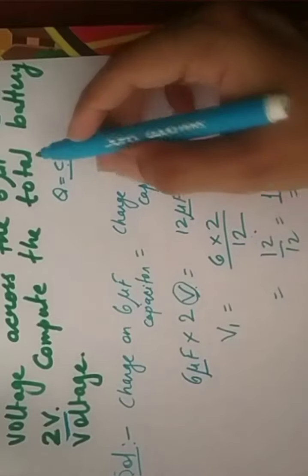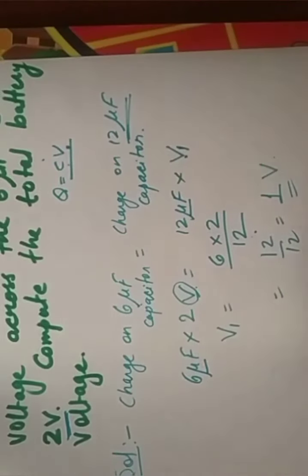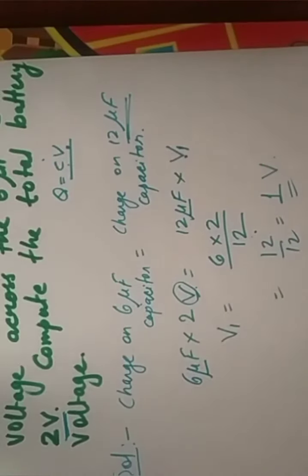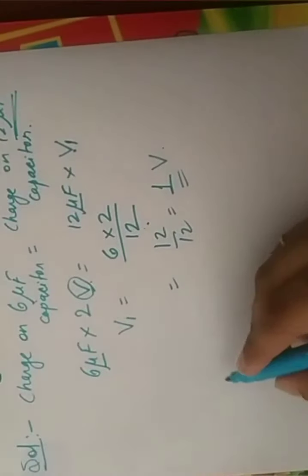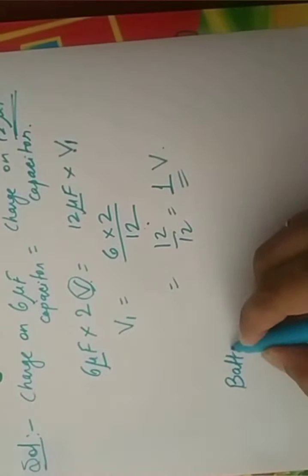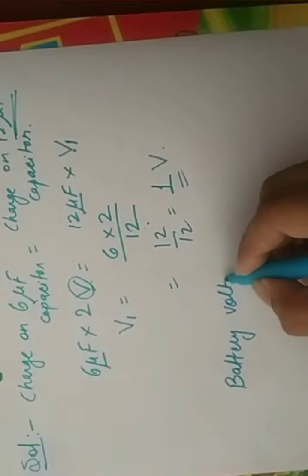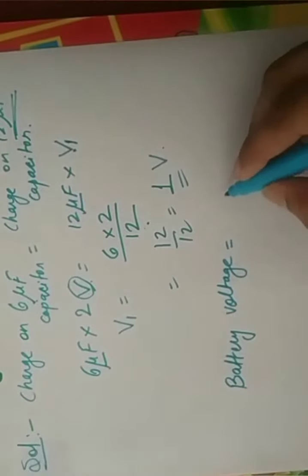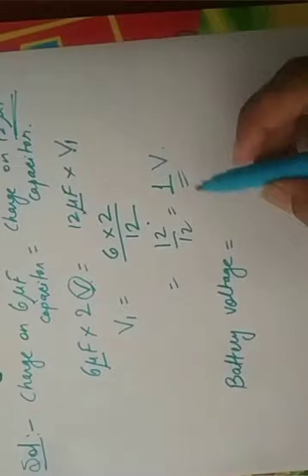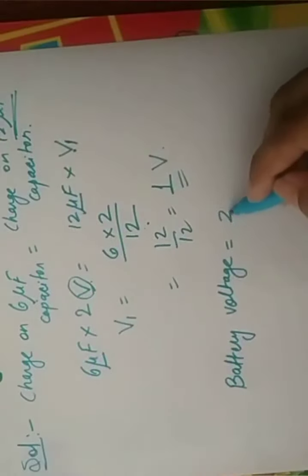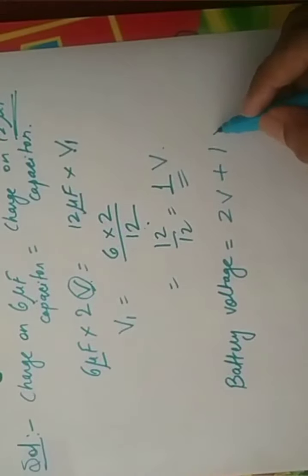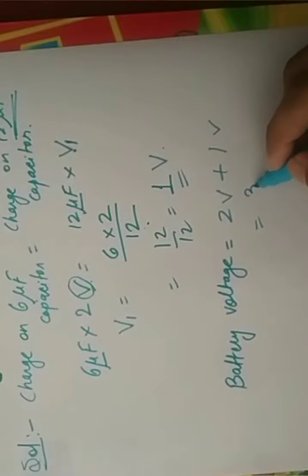But we have to find the total battery voltage. The total battery voltage will be the sum of both the voltages, that is 2 volt, and the 1 volt we just calculated. So 2 plus 1 equals 3 volt.